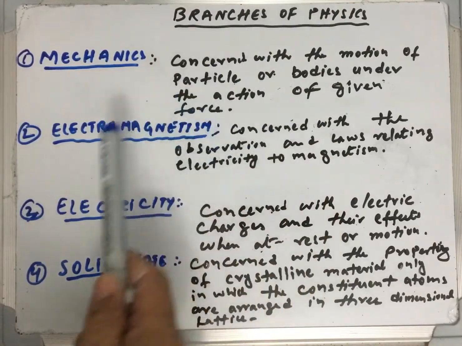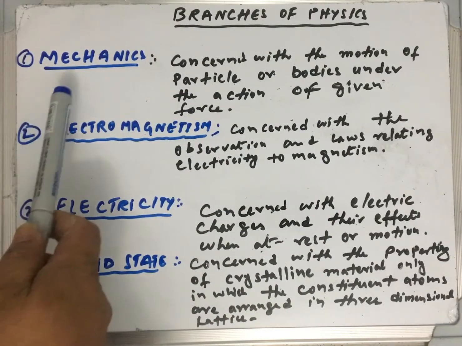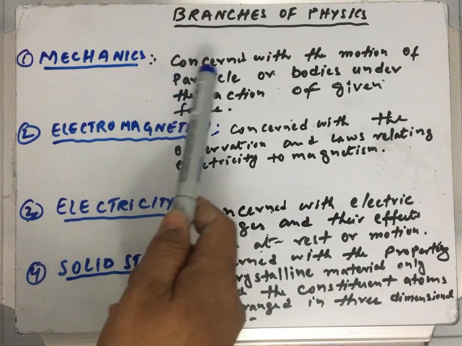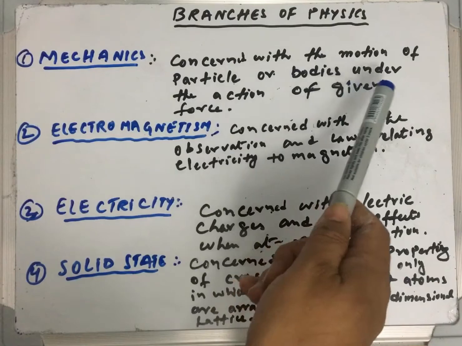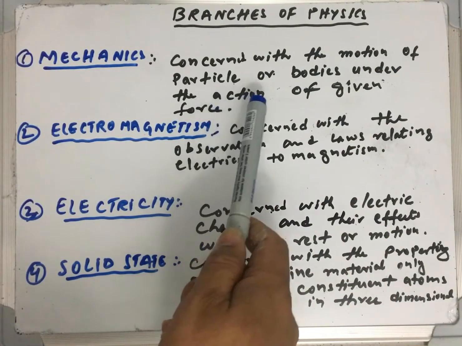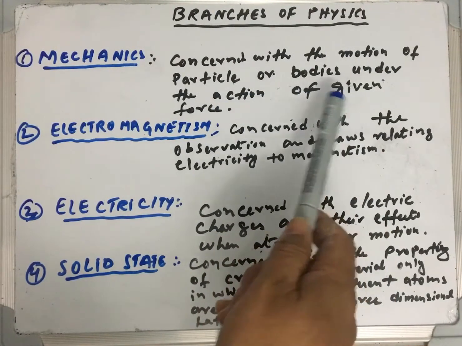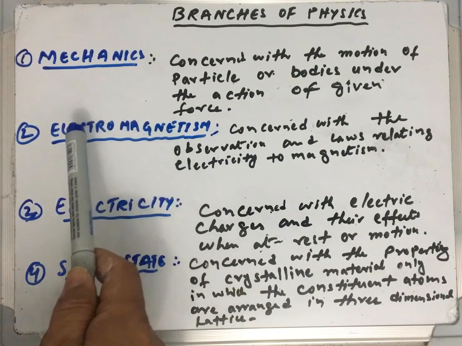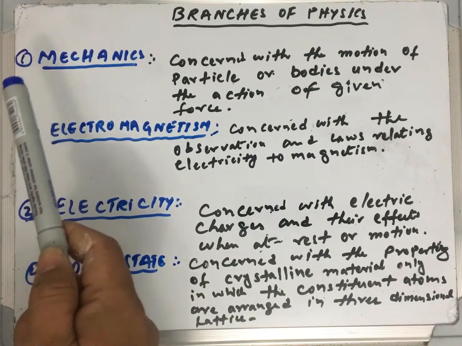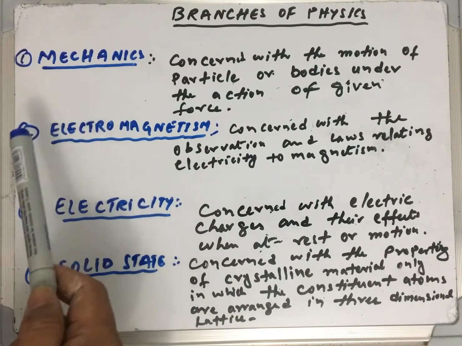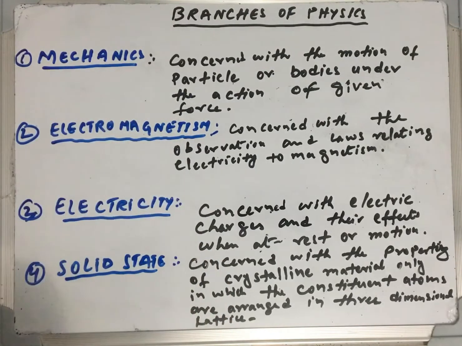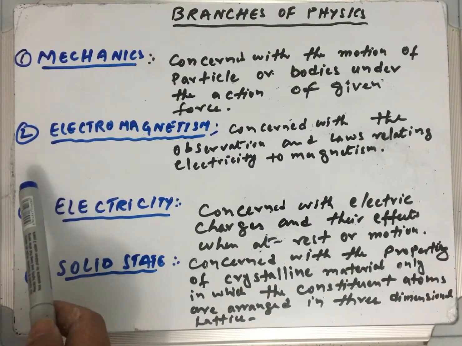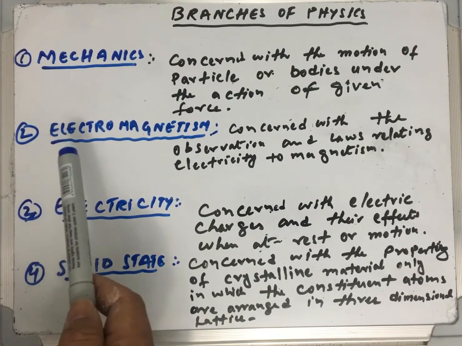Branches of physics. Mechanics. Mechanics is concerned with the motion of particles or bodies under the action of given forces. We will study it in detail when the chapter on mechanics comes. Then electromagnetism.